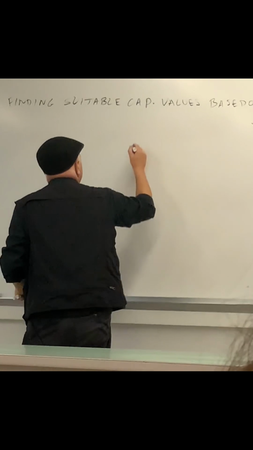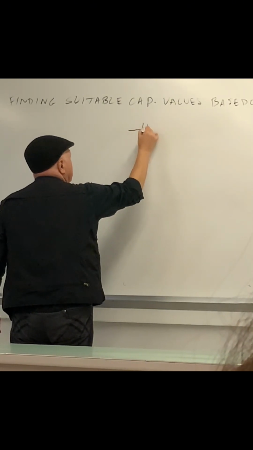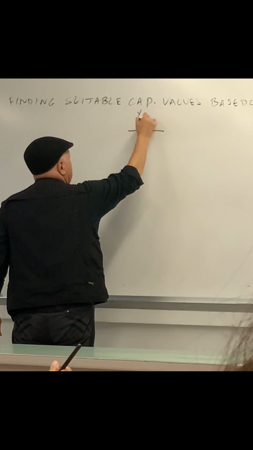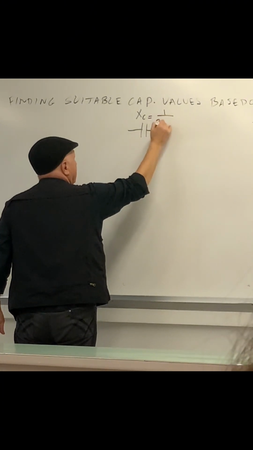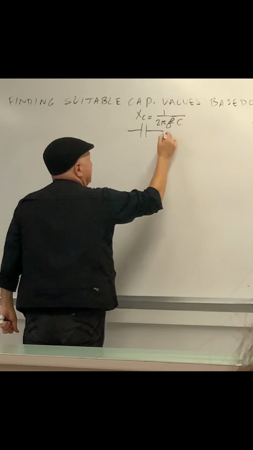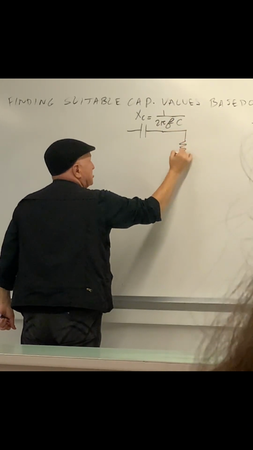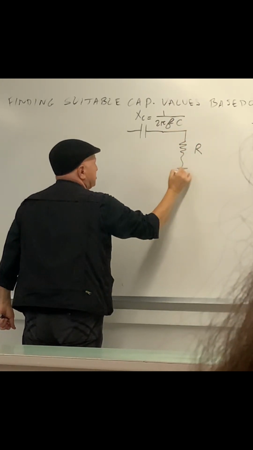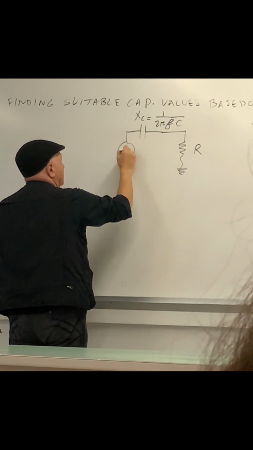Now, here is the situation. You have a capacitor here, X sub C equal to 1 upon 2 pi FC, this is the reactance, and then you have a resistor here, R, whatever that resistance is, and you have a source.